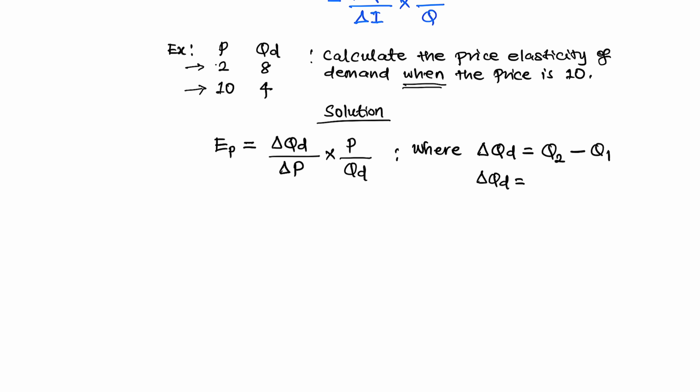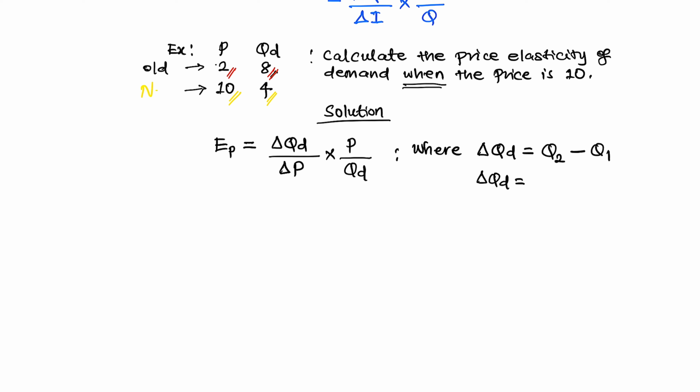But what is important is we have to keep the consistency in the old and the new values. So if we choose this 8 as old Q, we must also choose this price as old price. And if we choose this 4 as new quantity, we must also choose this 10 as new price. The consistency has to be kept.